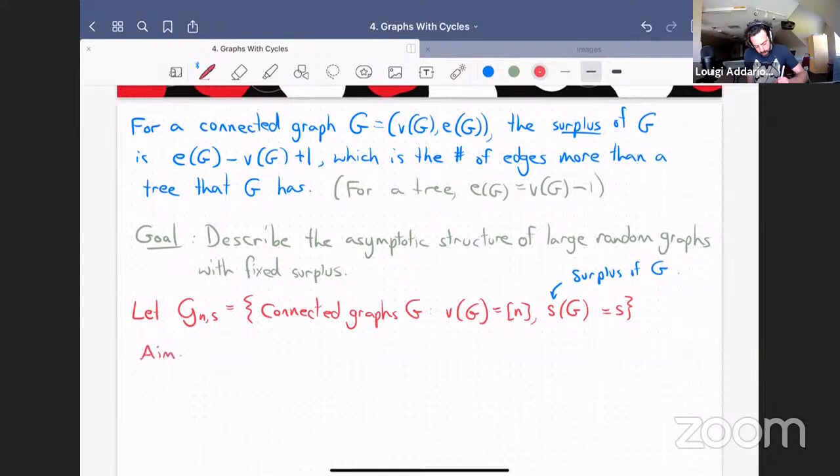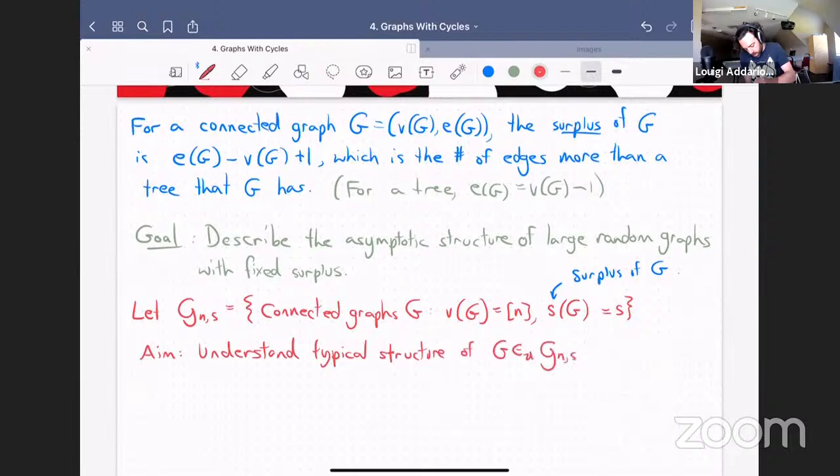Our aim is to understand the typical structure of a uniformly random sample from G_n^s.